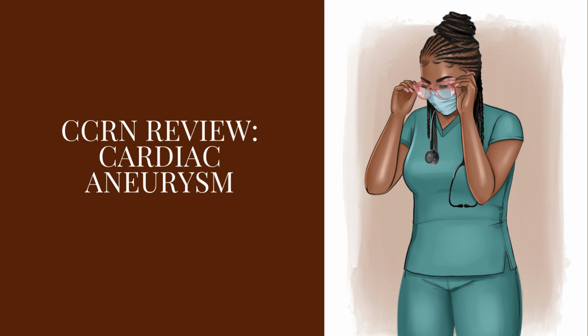If it's a thoracic aortic aneurysm, it leaks blood into the chest, or into the abdominal cavity if it's an abdominal aortic aneurysm.